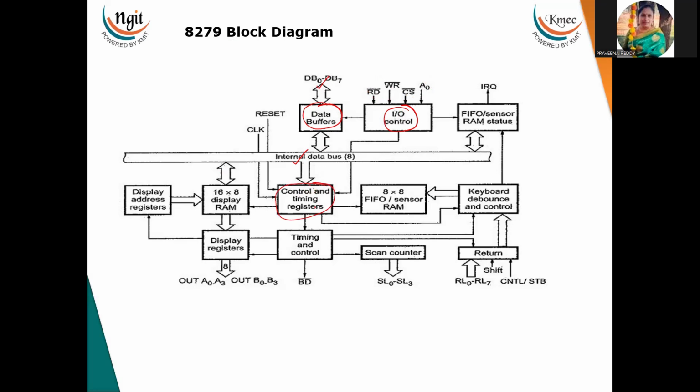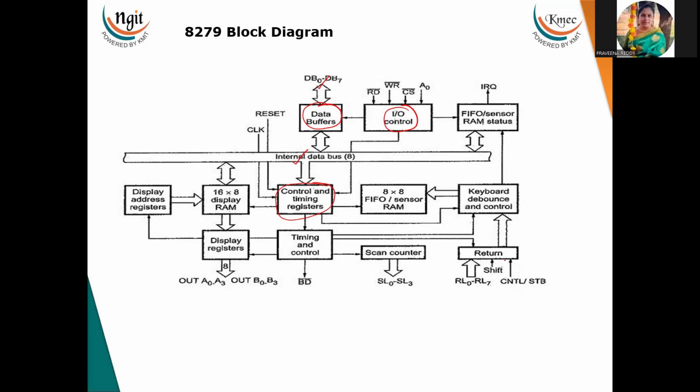Now this is used to store the keyboard and display modes and other operation conditions programmed by the CPU. In which mode does the CPU want to operate this keyboard? Already we have seen that there are 3 modes. The first one is scanned keyboard mode, then scanned sensor matrix mode, and strobed input mode.